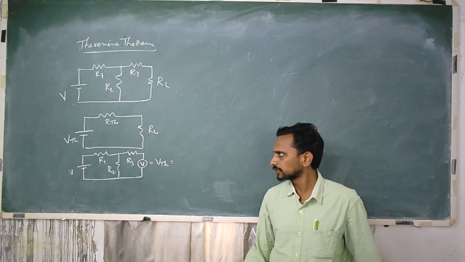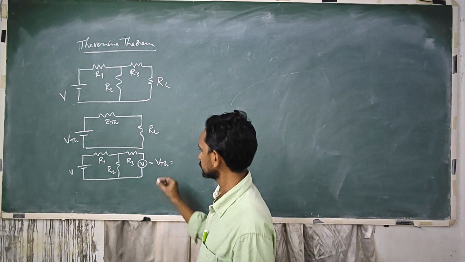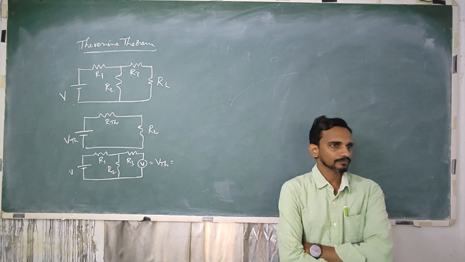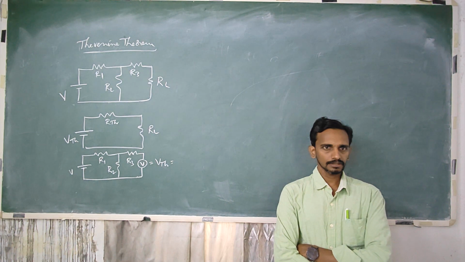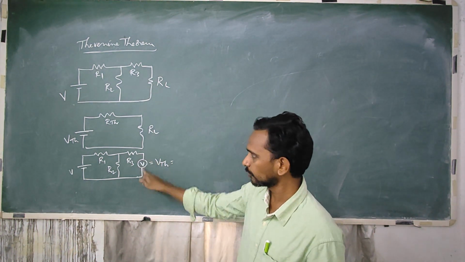So when you are measuring the voltage across the open ends, what happens? The internal resistance of voltmeter is infinity. Ideally, internal resistance is infinity. So this portion becomes an open circuit.